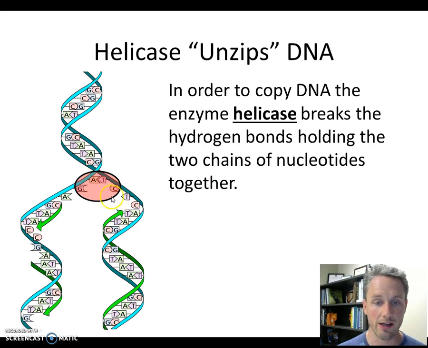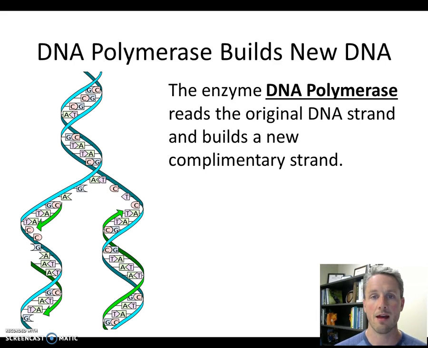So thanks to helicase breaking these hydrogen bonds, we separate these two strands of DNA, and then using the nucleotides that are exposed, we can build a new complementary string next to it. So that's our next step. So helicase opens the DNA up, and then our next enzyme, DNA polymerase, builds a new strand of DNA that matches one of these strands that we have exposed.